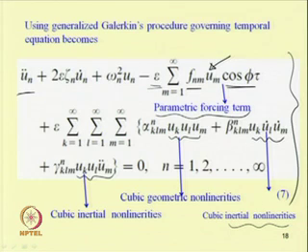This is also a cubic inertial term, where u_m double dot is the acceleration term, multiplied with the displacement term. Due to the presence of the acceleration term, this is also known as cubic inertia nonlinearity. So, in the system, in addition to the parametric forcing term, we have cubic geometric and inertia nonlinear terms.